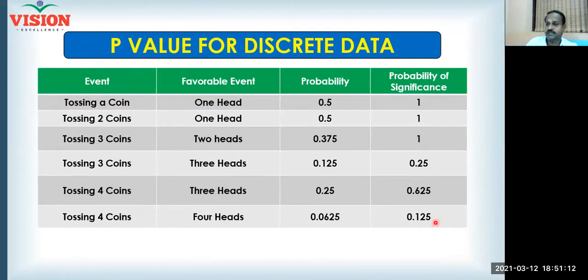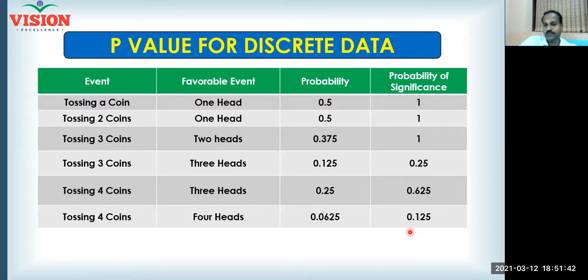Okay. So this is the summary of all the events we discussed: tossing a coin, tossing 2 coins, tossing 3 coins, and tossing 4 coins, and 1 head, 2 heads, 3 heads, and then 4 heads. And slowly the probability of significance is going down and down. And in the last case, it has become 0.125. And here, none of the events is actually considered significant, because everywhere the p-value is more than 10%.